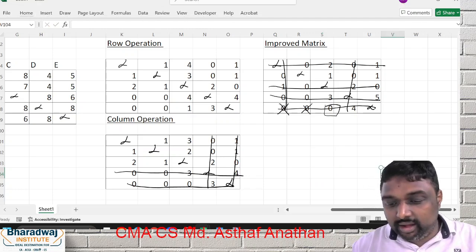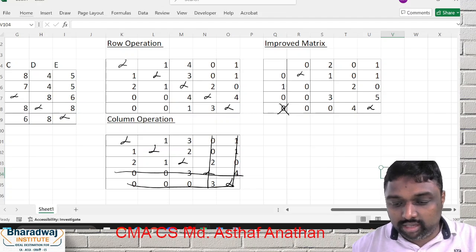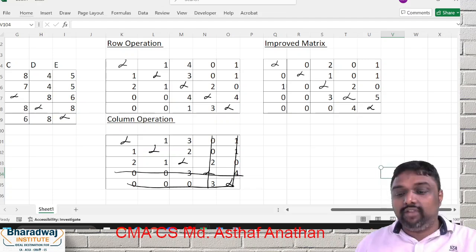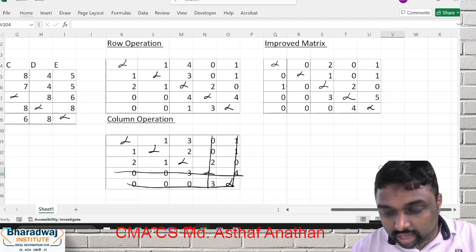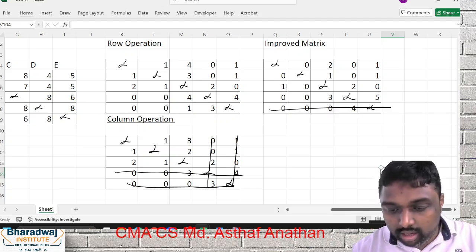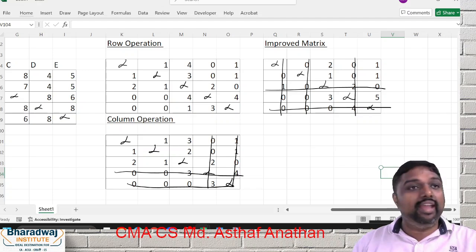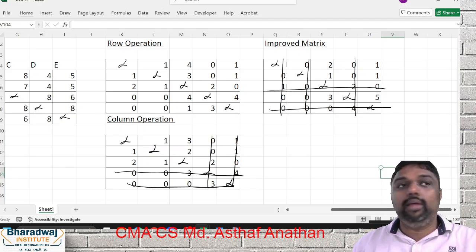Yes friends, I'll repeat once again how this allocation starts. These are all we have our infinite numbers. So what we start, friends, we have to go with all the allocation. We have 1, 2, then we have 3, 4, 5. In the earlier step, if I take 6, that is not at all a point.